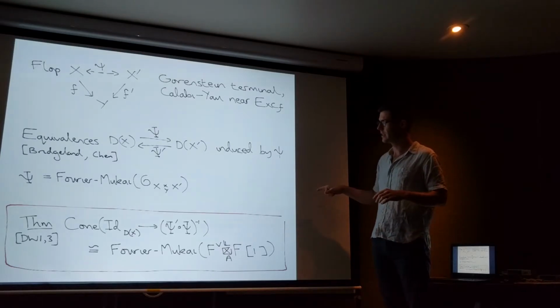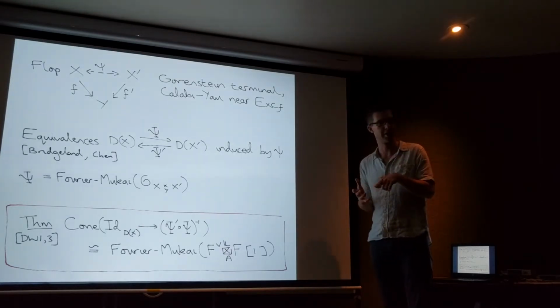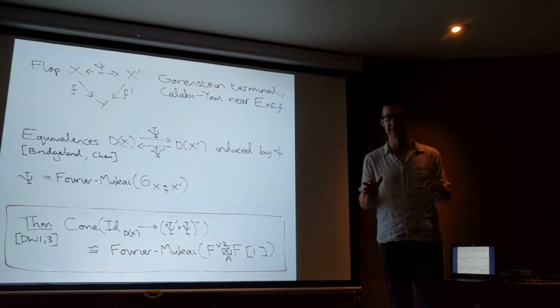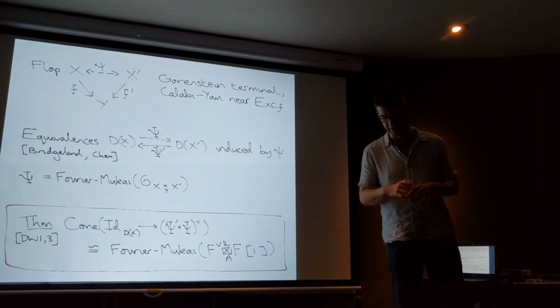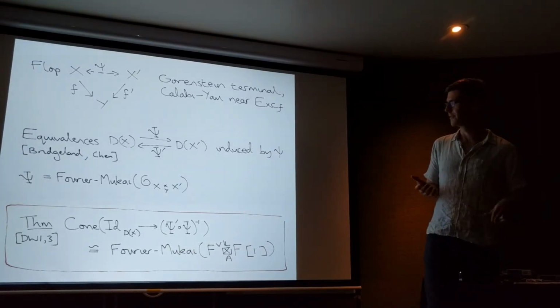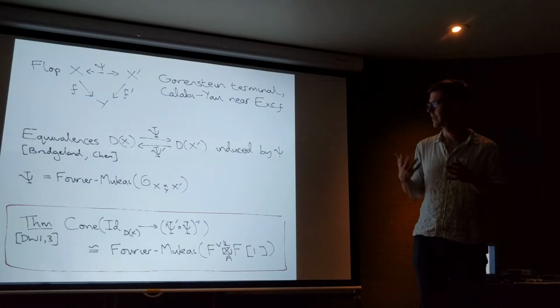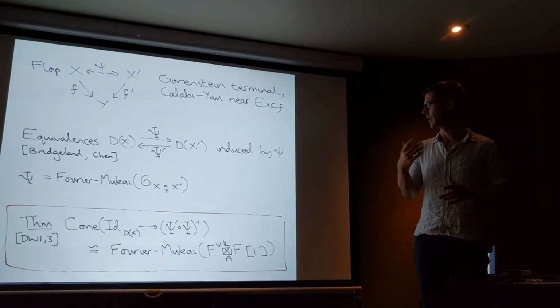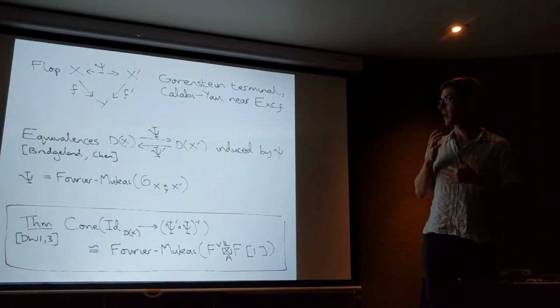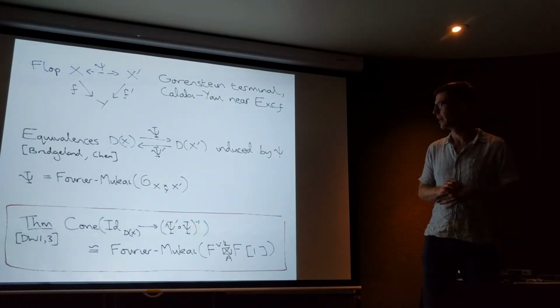I just take the fiber product of X and X prime over the base Y. So I consider this as a subvariety of the product X times X prime and look at the structure sheaf on that subvariety. And this gives me a functor from X to X prime and a functor from X prime to X, which Bridgeland and Chen prove are equivalences.